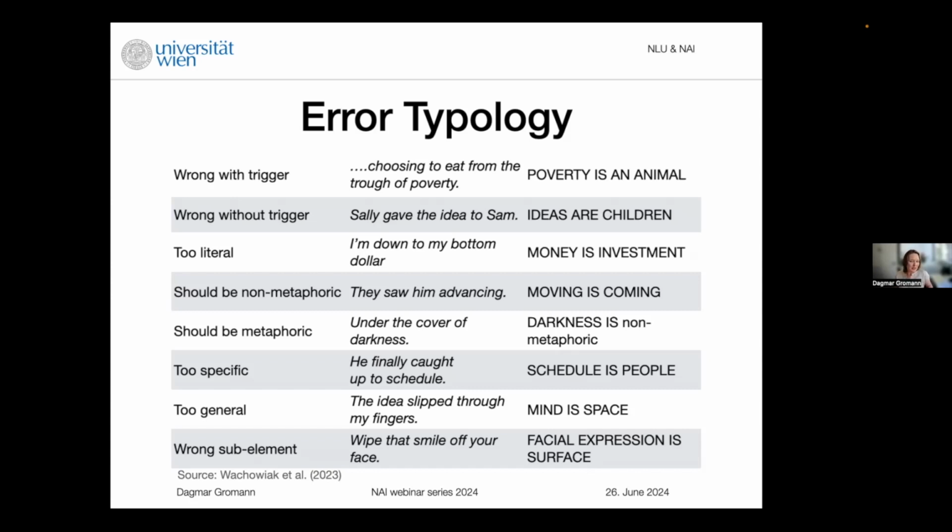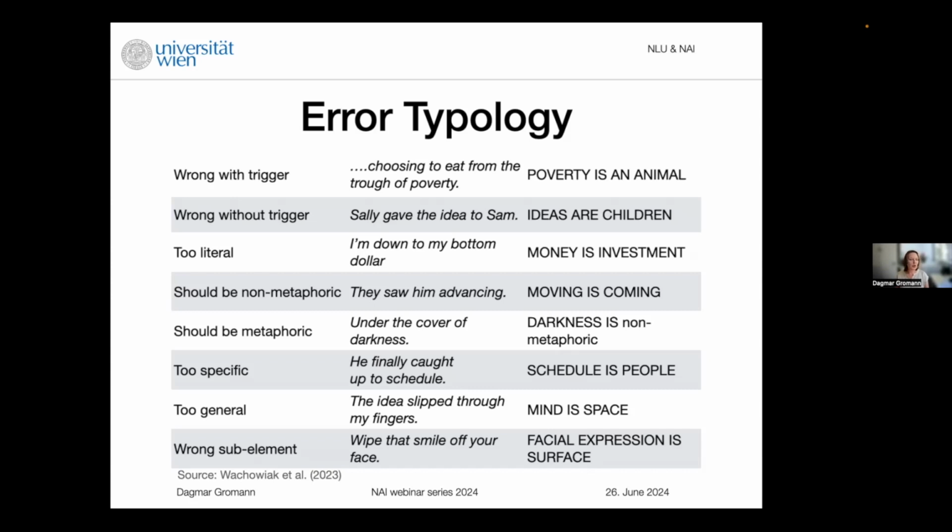Sally gave the idea to Sam led to a prediction of children, where we could only guess that give might have some kind of connection with children, and that's why. Some of the predictions are too literal, so I'm down to my bottom dollar is money is investment. There is not a lot of transfer, so this didn't work so well.